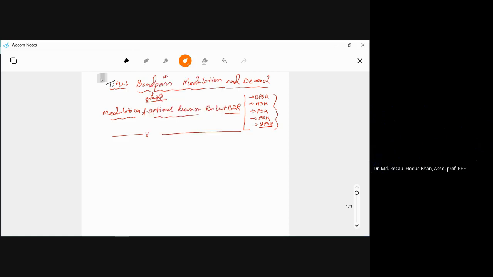Okay, so our first scheme is BPSK, binary phase shifting, or BPSK.